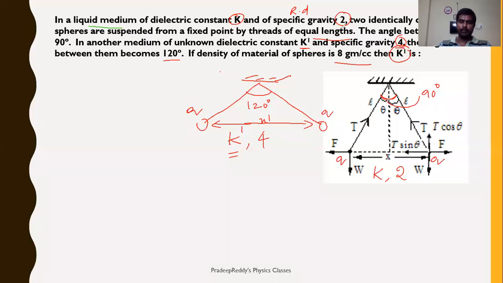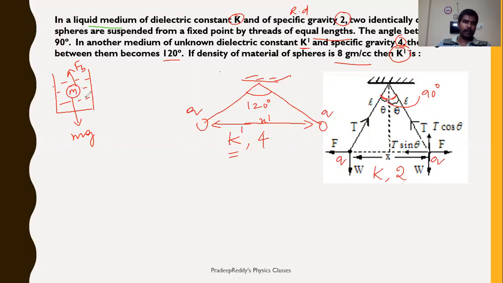Students, for solving this problem, you should have previous knowledge of relative density and buoyant force. For example, if I am considering an object of mass m placed in a liquid, there will be a downward force on the solid equal to mg, and the upward force is the buoyant force.